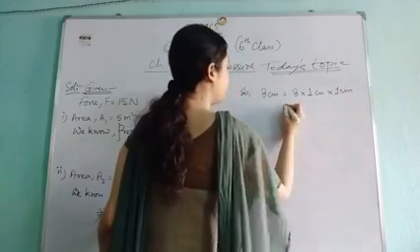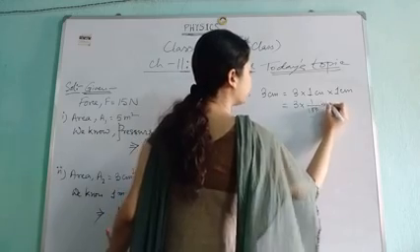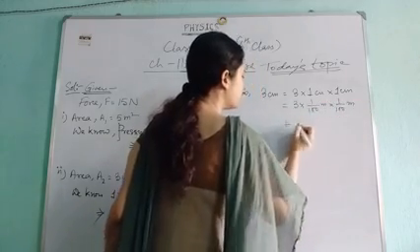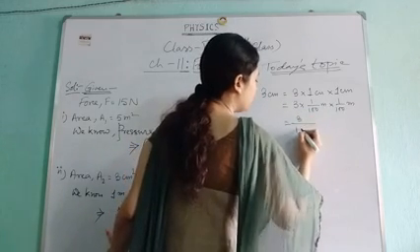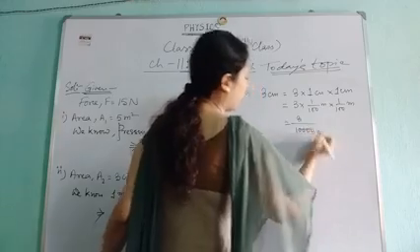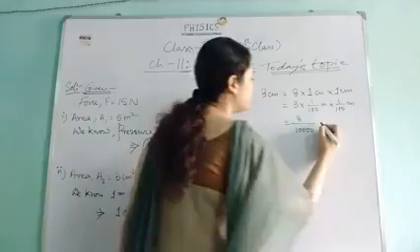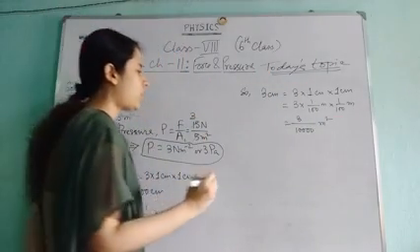What does this mean? 3 into 1 by 100 meter into 1 by 100 meter. So this is equal to 3 by 10,000 meter square.